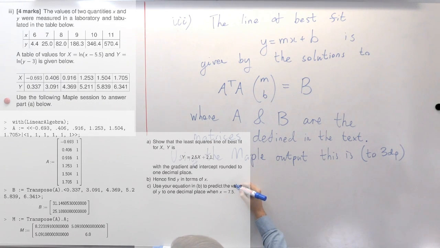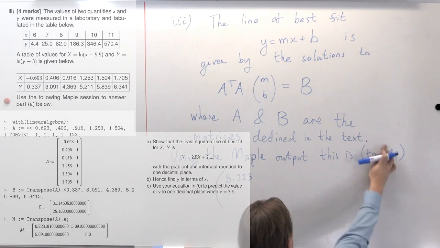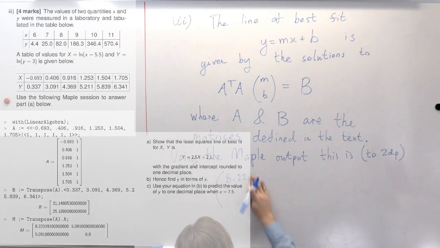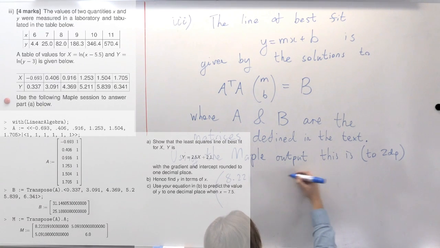So it's really the equation, to 3 decimal places, 8.223. Actually, I only use 2 decimal places, so I'll say 2 decimal places in my solutions. So 8.22, 5.09.